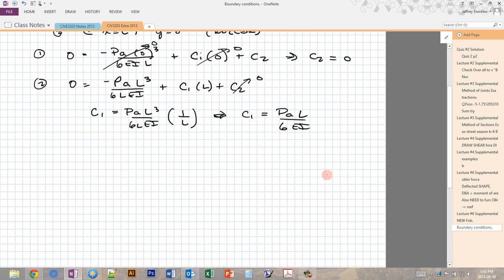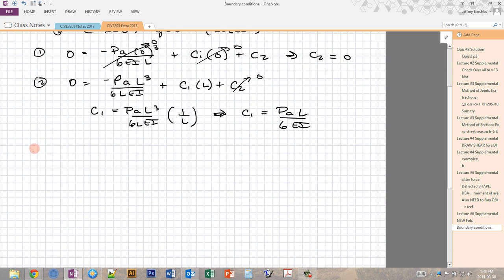Simple. So now that we've solved for both of those constants, we can re-sub these into the equations for slope and for deflection. So we know that between 0 less than or equal to x less than or equal to L, theta equals, so this is the original part, and this is the constant C1.